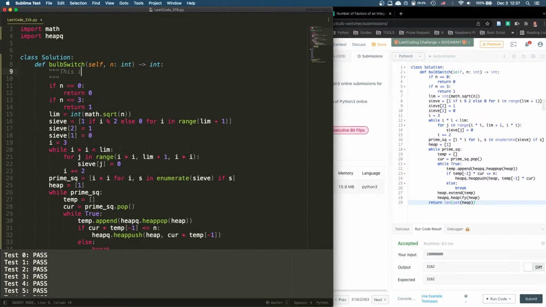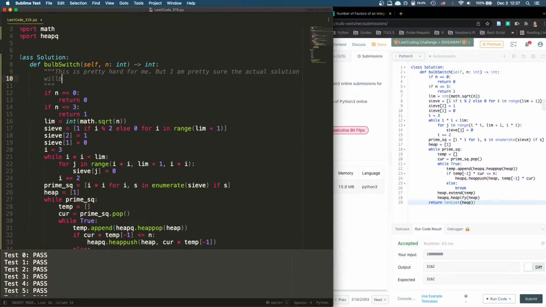Alright, this is pretty hard. Pretty hard for me, but I'm pretty sure the actual solution will be 5 lines using some math.